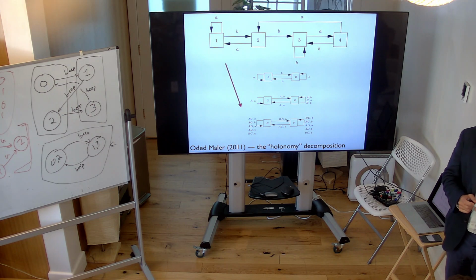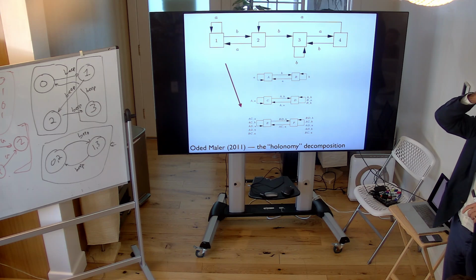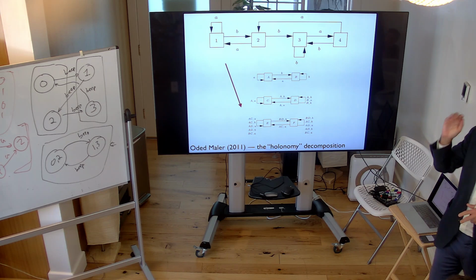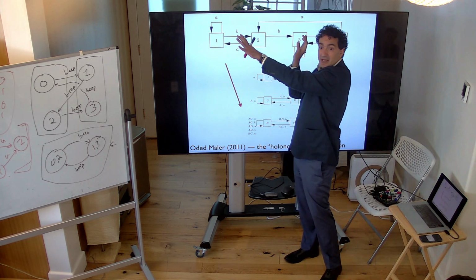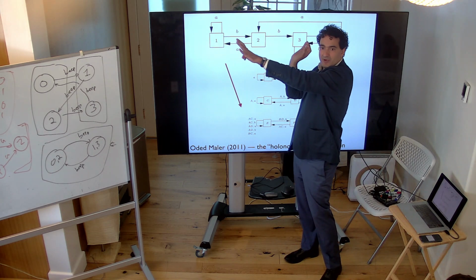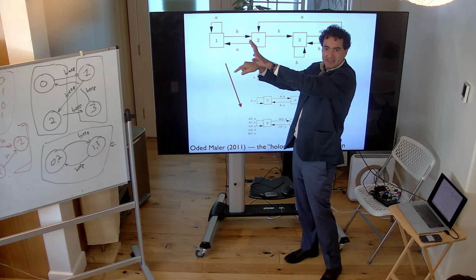I'm going to punt on that one because I don't want to go through the whole construction, but why don't I put a link in the Discord. Jim sent me a very nice link about how to do this. In the original paper I did in 2011, I played a little game where you have a bunch of machines up here, you pick one of them at random, and then you get the input signal and implement it.